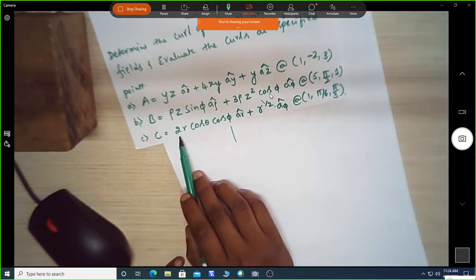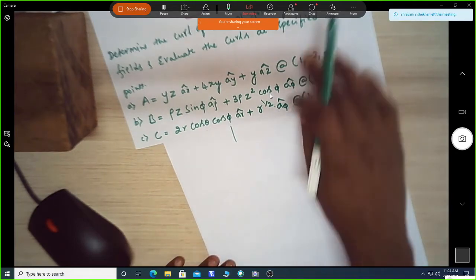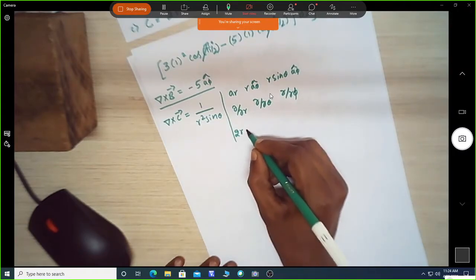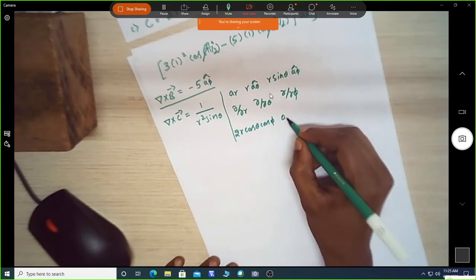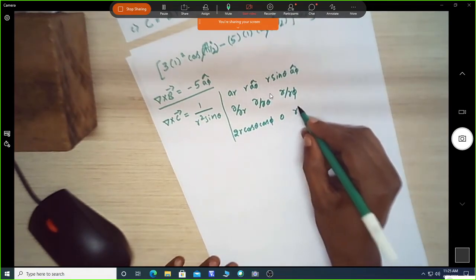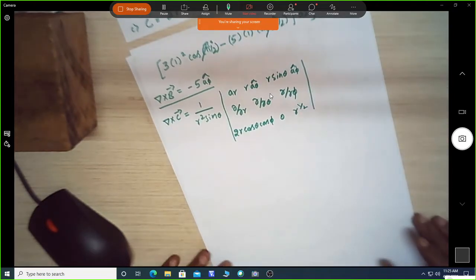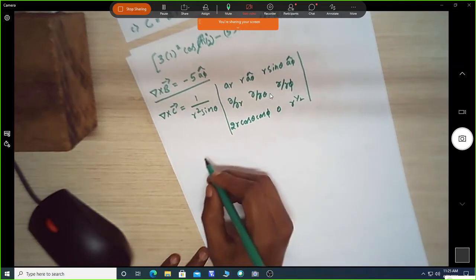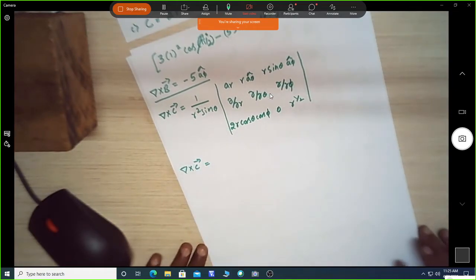You can see the ar component is this, phi component is this, theta is 0. So we can write that r component is 2r cos theta cos phi, theta component is 0 and phi component is r power 1 by 2. So we have a matrix. Find out and tell me the del cross C. What is the del cross C?